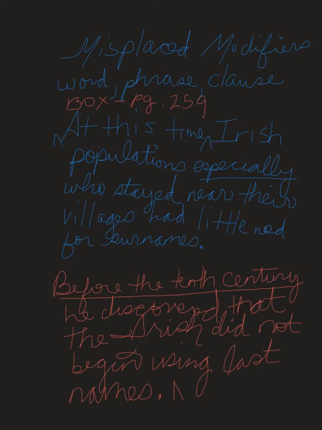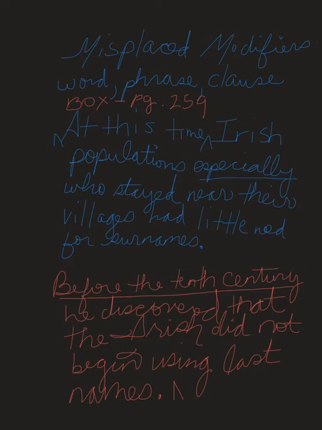Remember that these misplaced modifiers, things that describe other things, can be not only words, okay, and we have a lot of those that could be misplaced, but also phrases or clauses: prepositional phrases, infinitive phrases, participial phrases, or even maybe a whole dependent clause, okay, that could be misplaced.